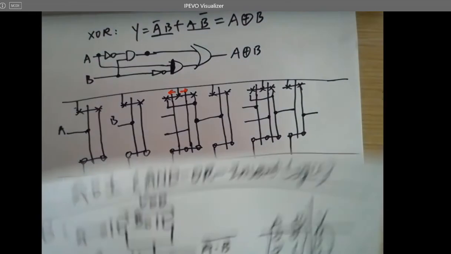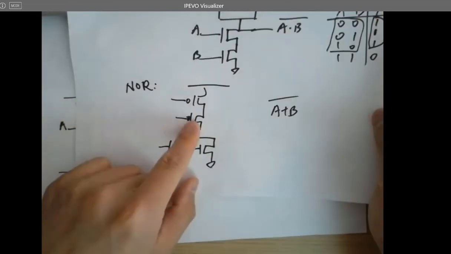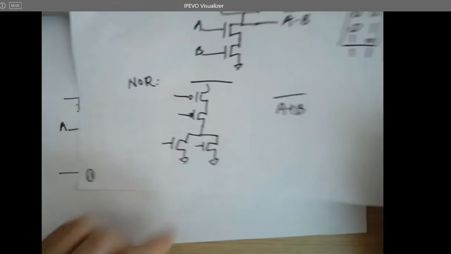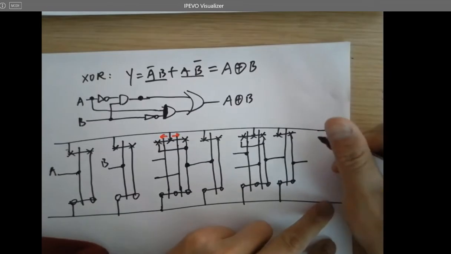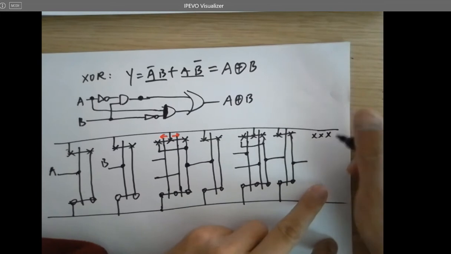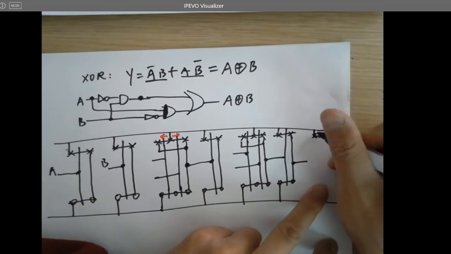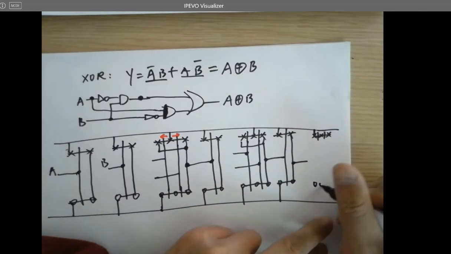And you need an OR gate. So PMOS is in series and NMOS is in parallel. In series, in parallel.